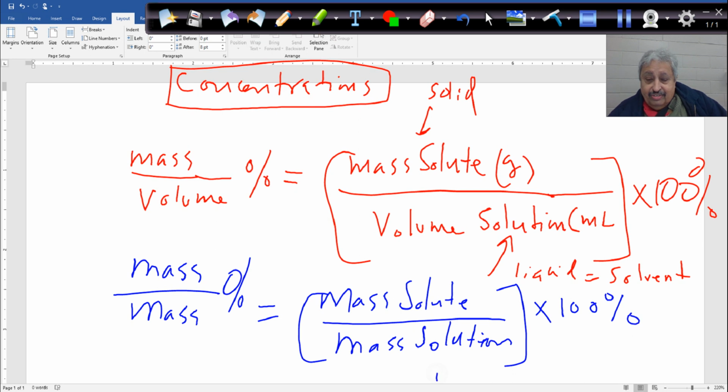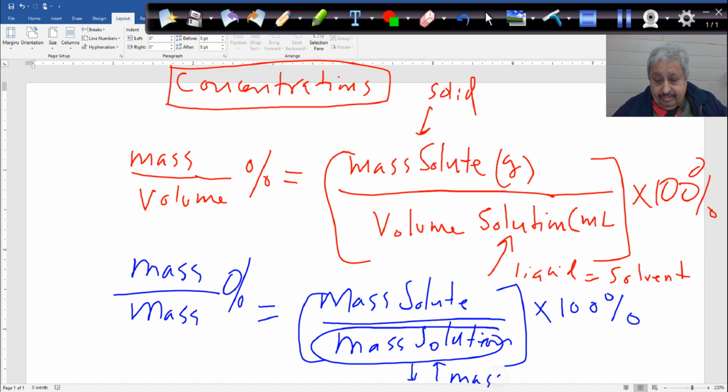However, you have to be careful here. The mass of the solution is the mass of the solute plus the solvent. So this one here is replaced by mass of solute plus mass of solvent.